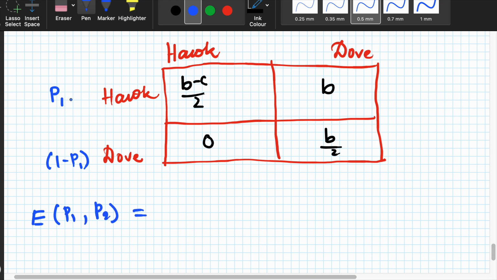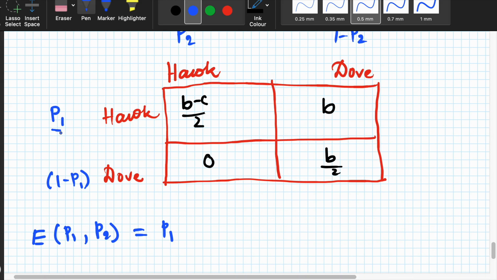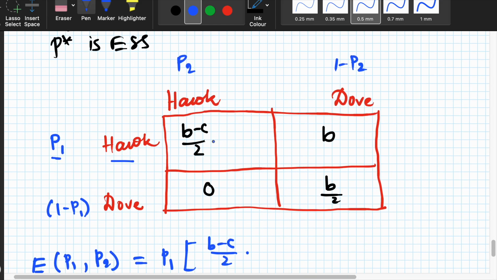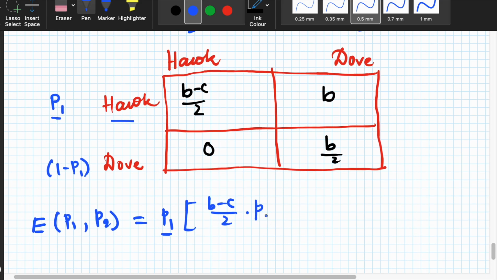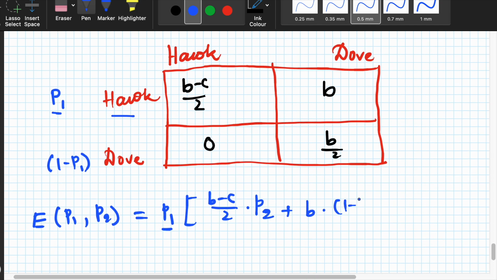With probability p1, since these two players are independent, it plays Hawk, and if it plays Hawk, the probability that it gets (b minus c) by 2 is obviously p2, and the probability it gets b is p1 into 1 minus p2.